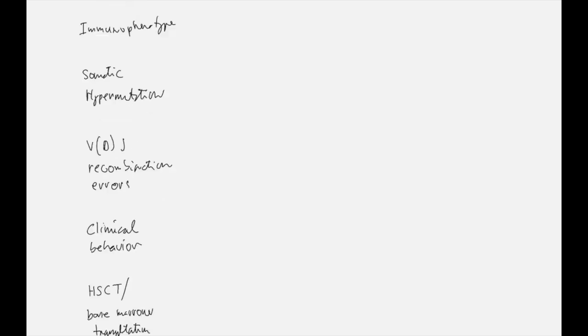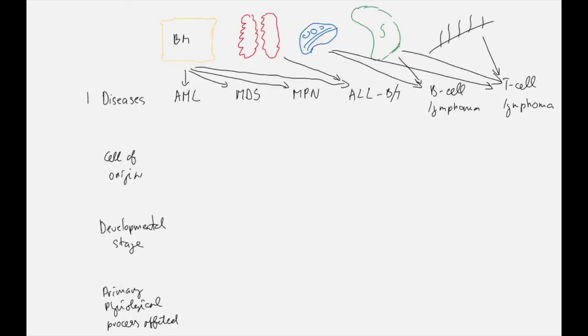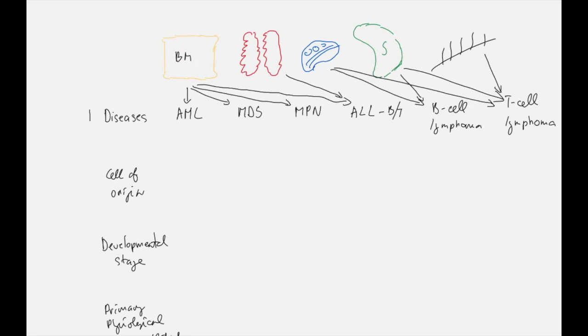So, let's get to the specific diseases, and we're going to go vertically again. If I go up over here, cell of origin, that's crucial. In case of AML, we imagine that those are myeloid progenitors typically. So it could be a granulocyte macrophage progenitor, or common myeloid progenitor or myeloblast.